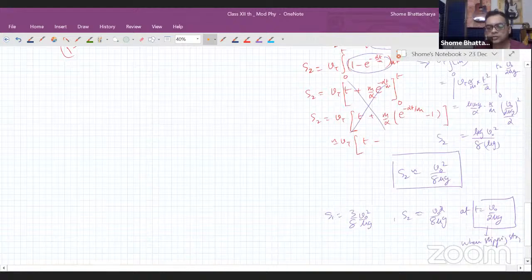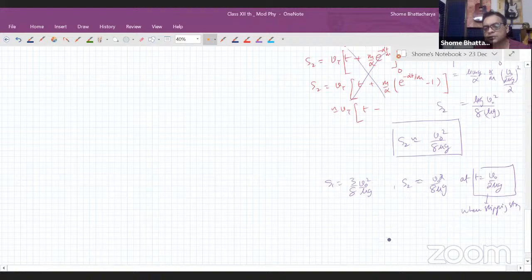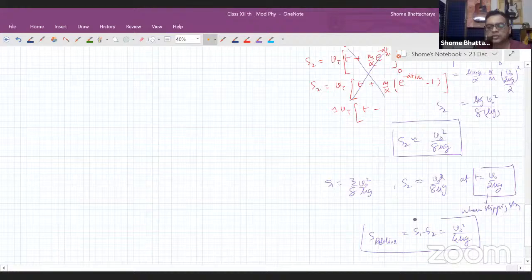Okay, so the relative displacement, that is S1 minus S2, will become V naught square by mu g times 3 by 8 minus 1 by 8, so that's 2 by 8 or 1 by 4. So again, Ganesh, if you can check this answer. Yeah, we will come to the total displacement of the plank.